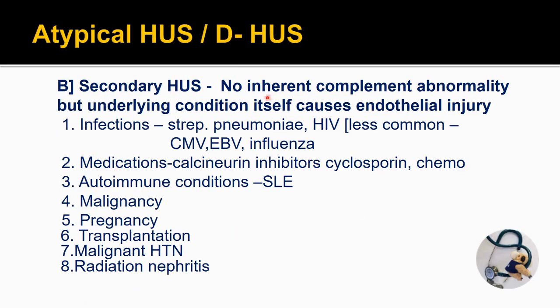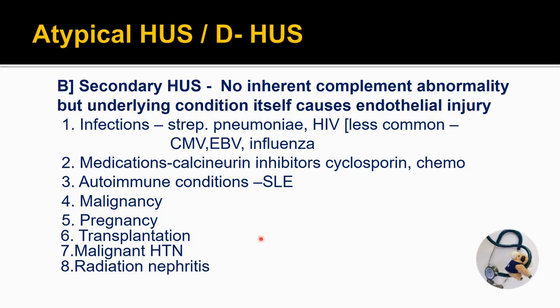Another type of atypical HUS is secondary HUS. Here, there is no inherent complement abnormality, but the underlying condition itself causes the endothelial injury, which is the main injury for the whole process of HUS. This can be caused by infections, mainly Streptococcus pneumoniae with a respiratory infection, HIV, and less commonly cytomegalovirus, Epstein-Barr virus, and influenza virus. Medications like calcineurin inhibitors such as cyclosporine, tacrolimus, or some chemotherapeutic drugs can be responsible.